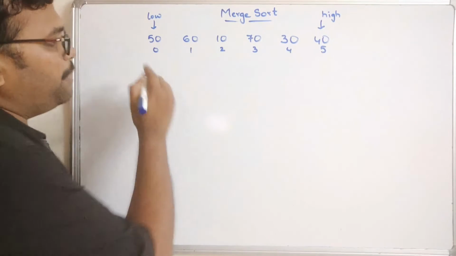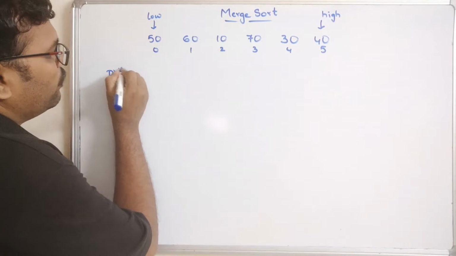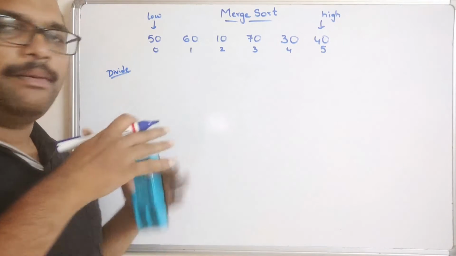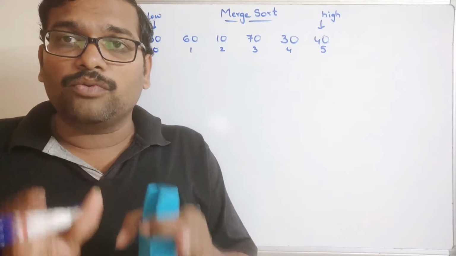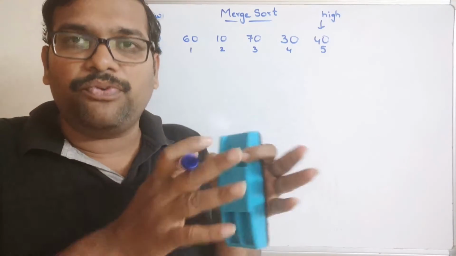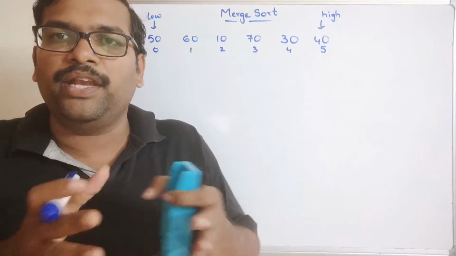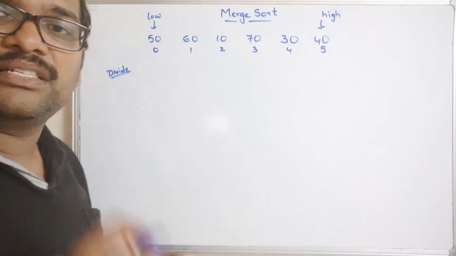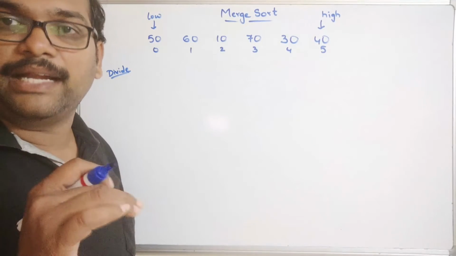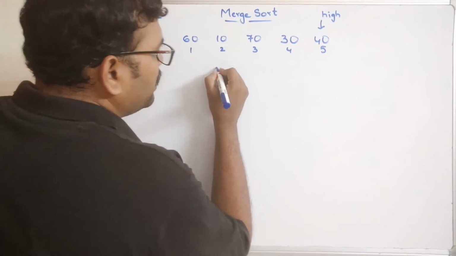The first step is divide. We need to divide the complete problem into subproblems. By which criteria do we divide the complete elements into two halves? That is based upon the middle value, so we need to calculate the mid.